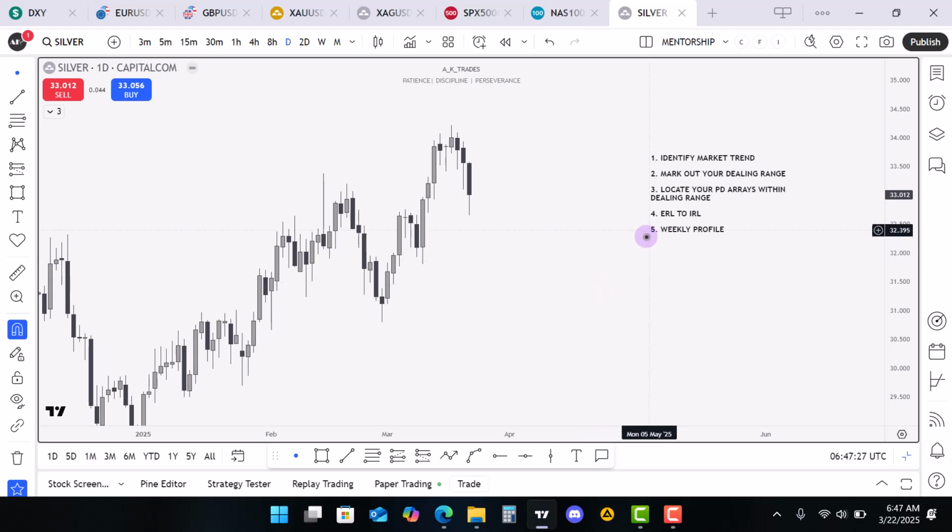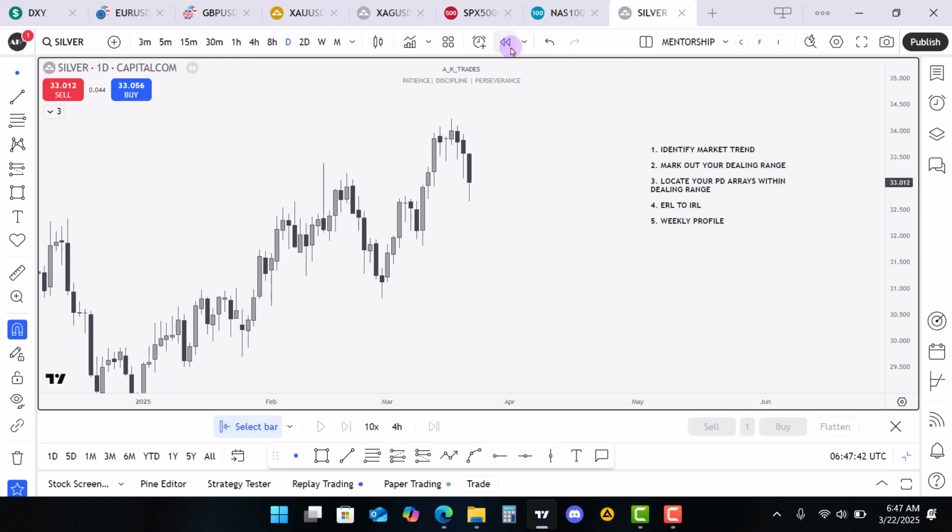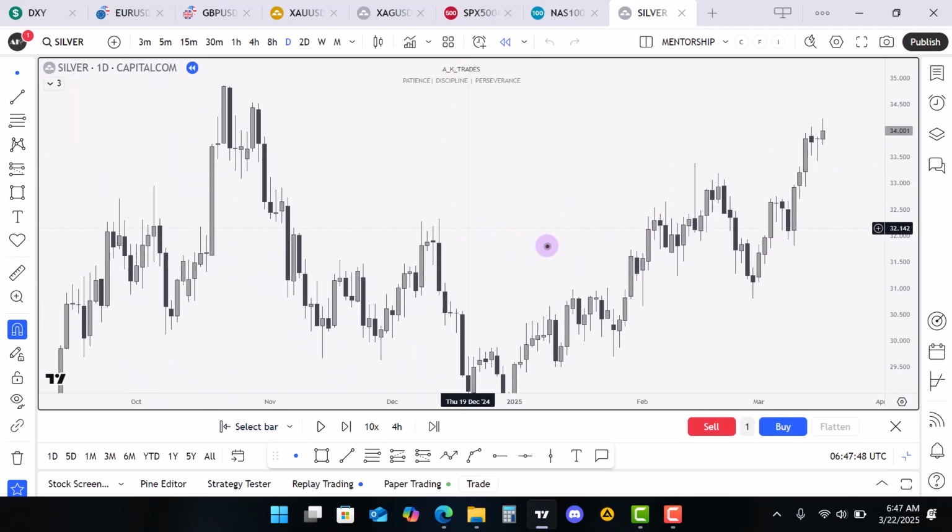But before we go through these key points, I must state that I took this trade on the 18th of March, and as such, I would like to use the TradingView bar replay to send us back to that time before we continue with our analysis.